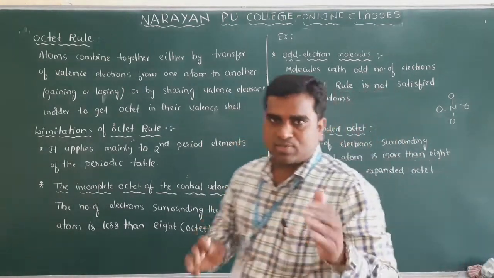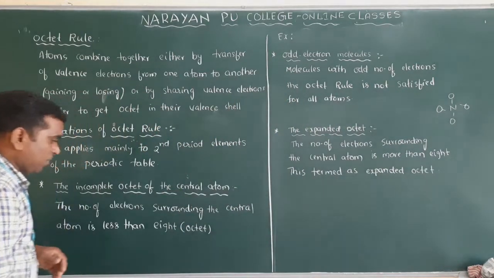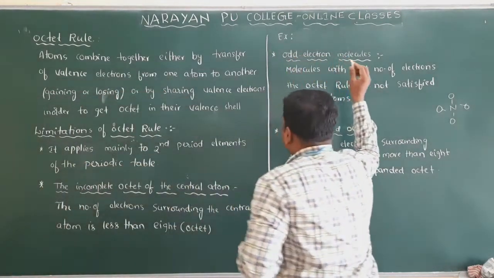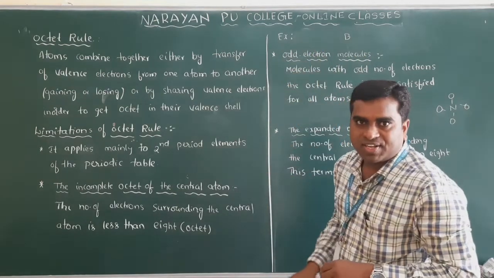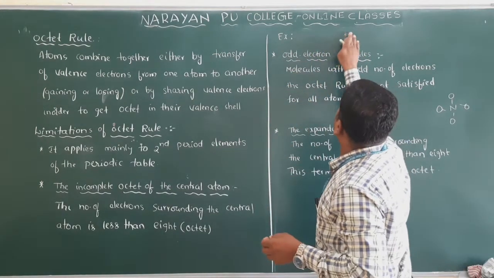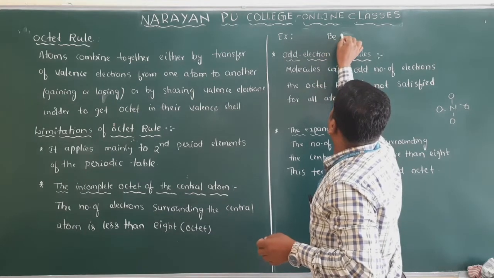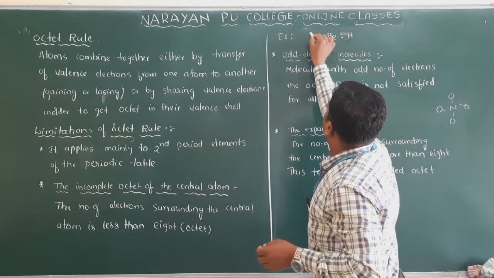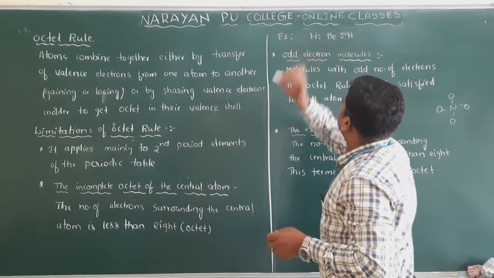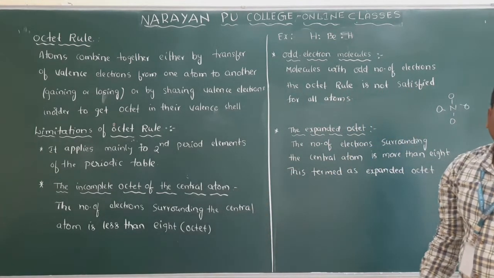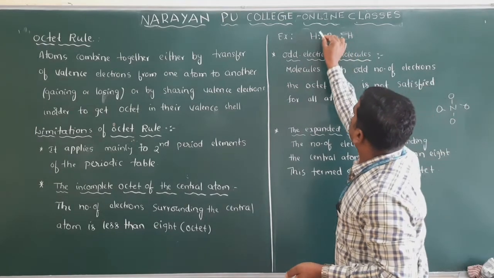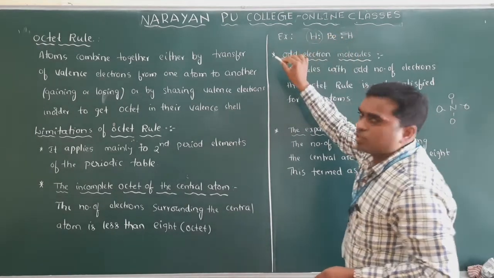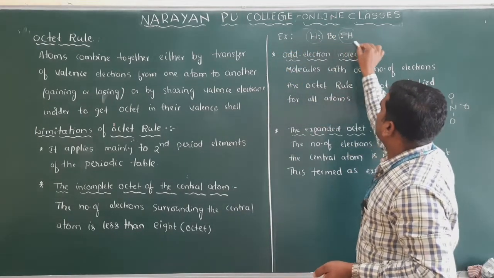But in some cases, what are those? I will write some examples here. I will take beryllium hydride. This is the Lewis dot structure of beryllium hydride. You already know how to write it. Here, hydrogen completes its doublet.